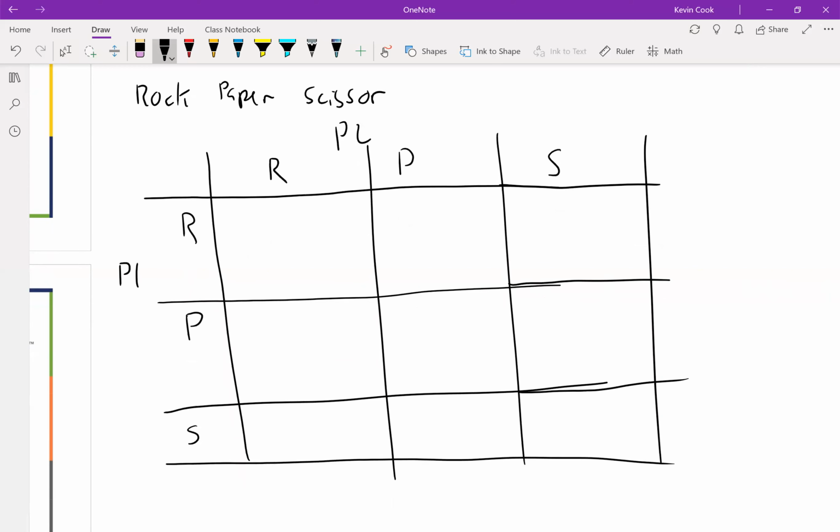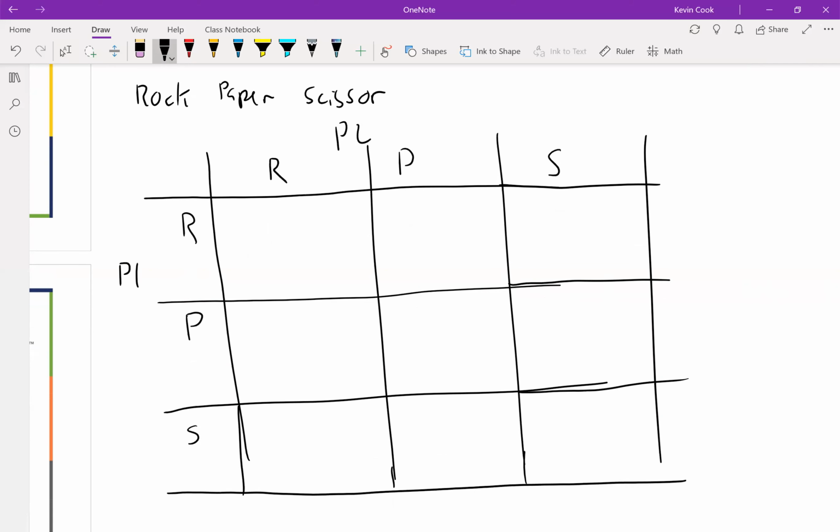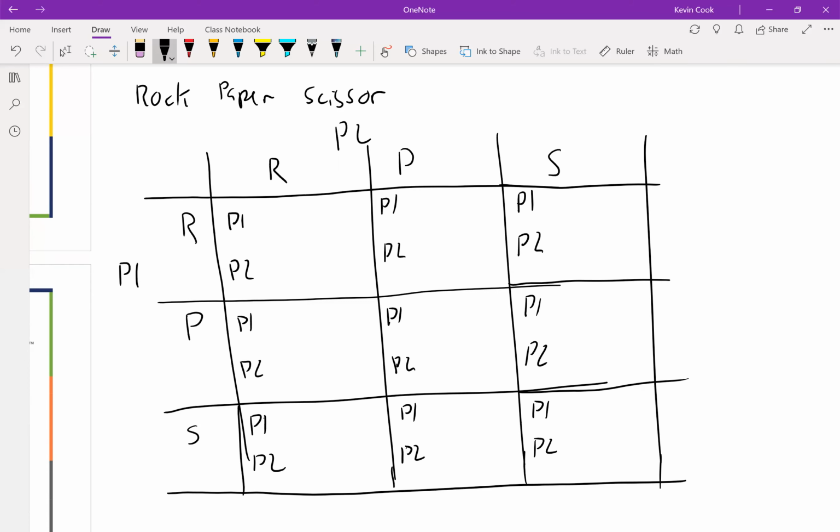And in each set of choices, each player is going to get a payout. To do that, I'm just going to take a second really quick and lay out my framework. So we have player one, player two, all the way across. The game that we're going to play is for $1.